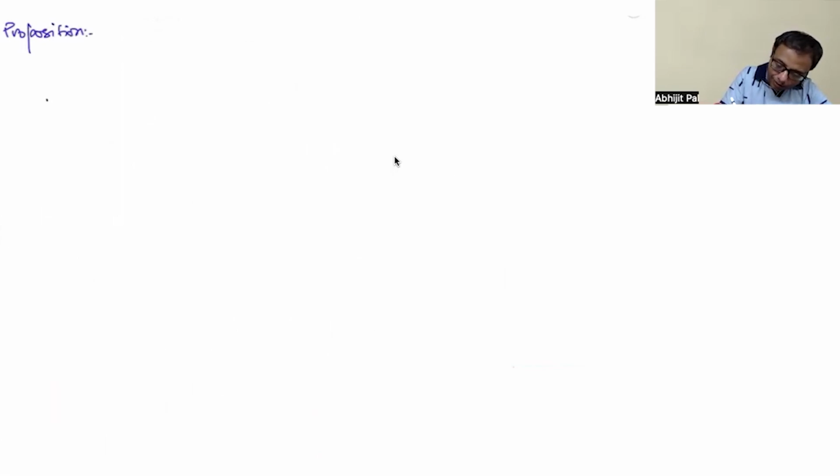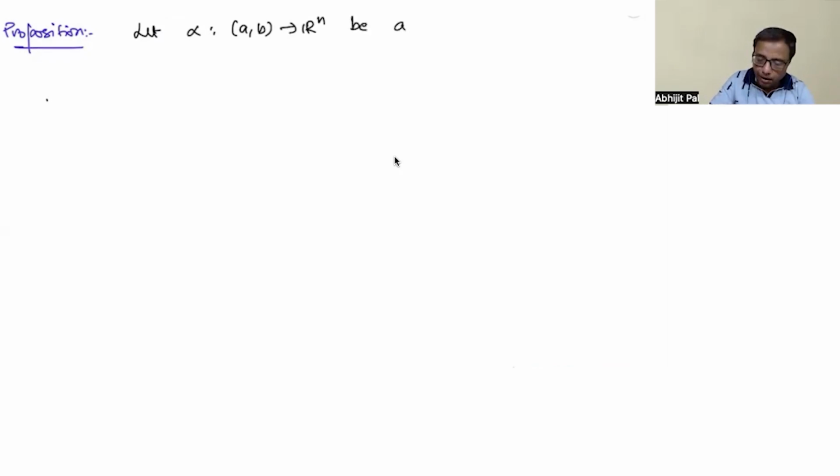Let alpha be a regular curve, and also assume, for convenience, that alpha is smooth.